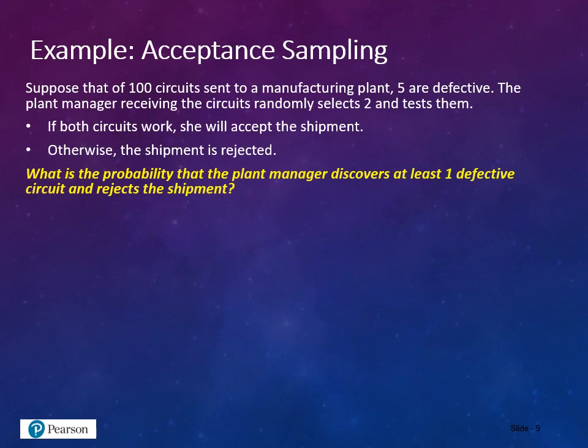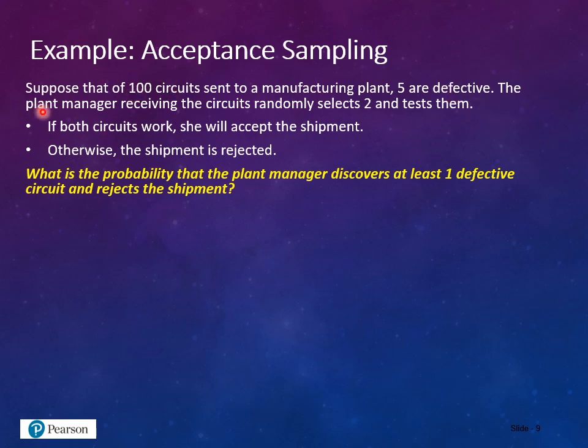All right. Let's look at something called acceptance sampling. Suppose that of 100 circuits sent to a manufacturing plant, 5 are defective. Okay, so 5 out of the 100 are bad or defective.